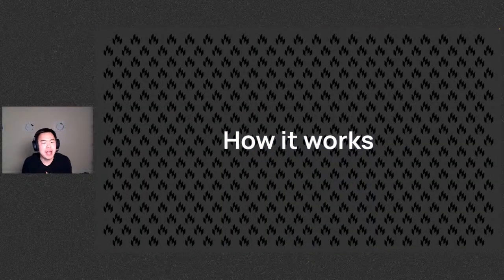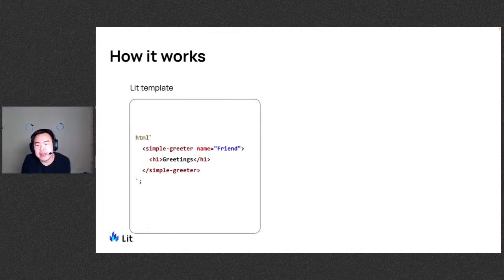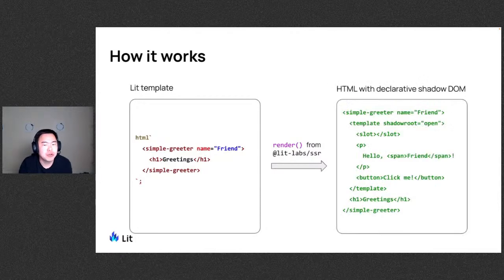So let's take a look at how it actually works. Let's say here we have a Lit template with a custom element inside of it. Now, if we pass this into the render function from the Labs SSR package, it produces this HTML markup with the declarative shadow DOM.